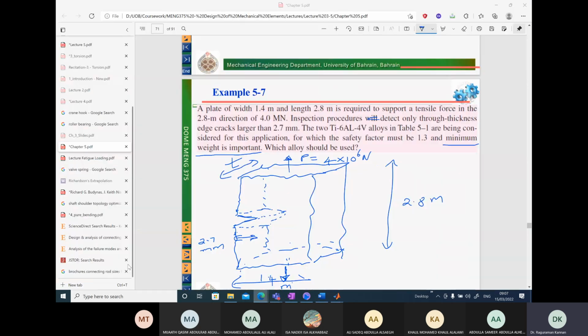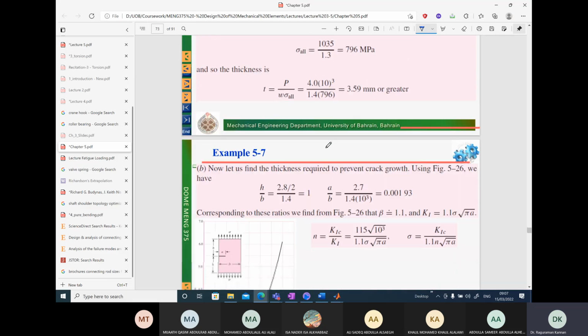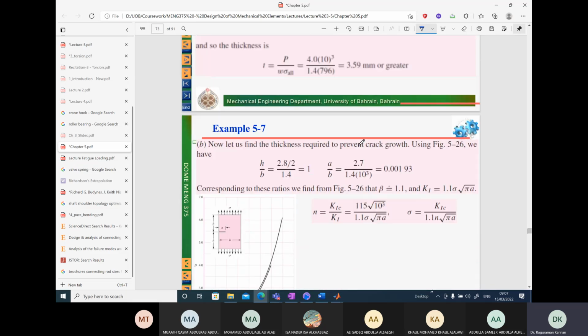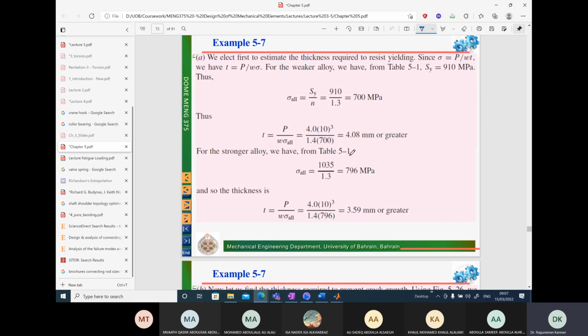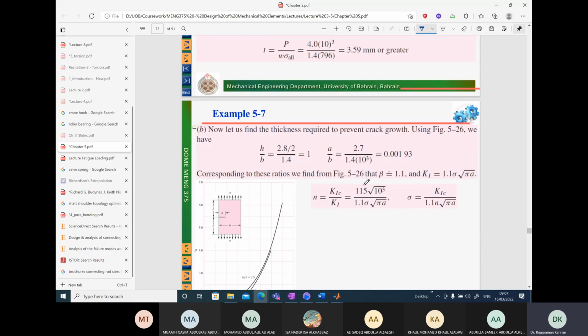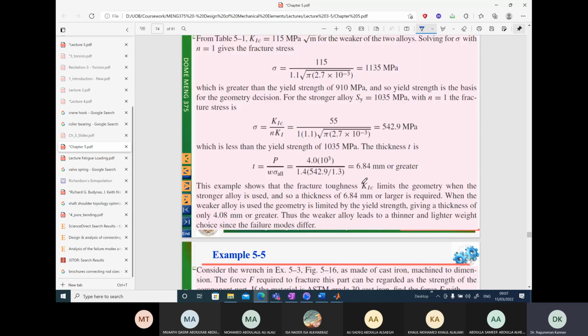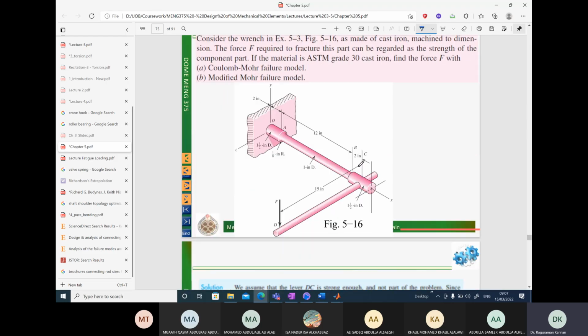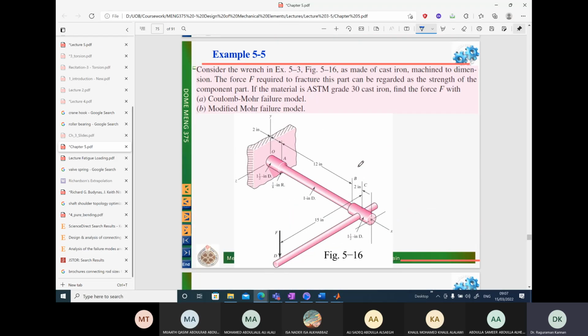If you are given that value, you should not miss it in the calculations. Between the two values, 4.1 millimeter is the right choice.